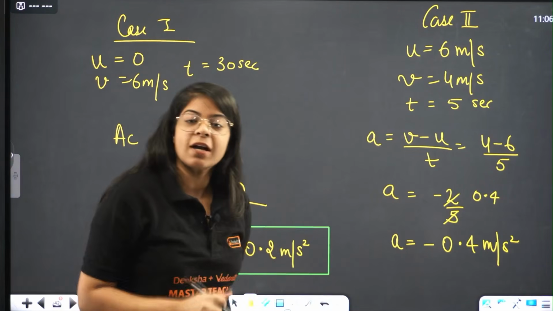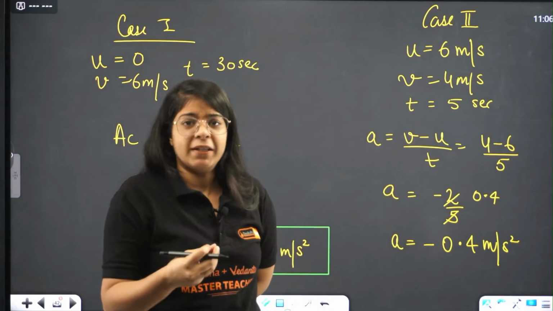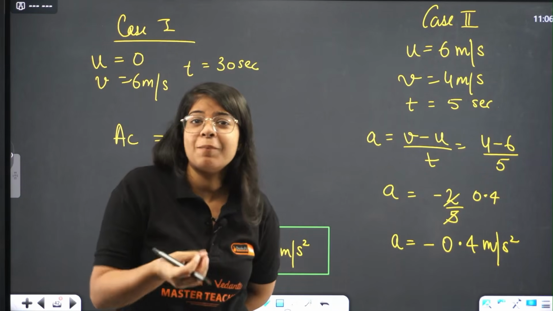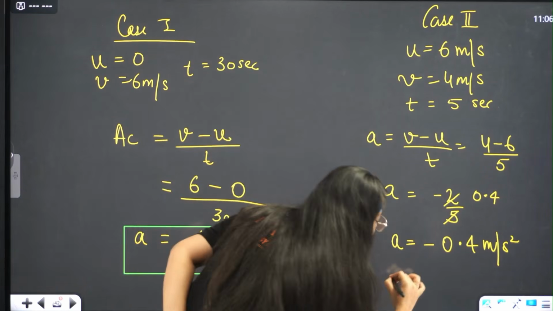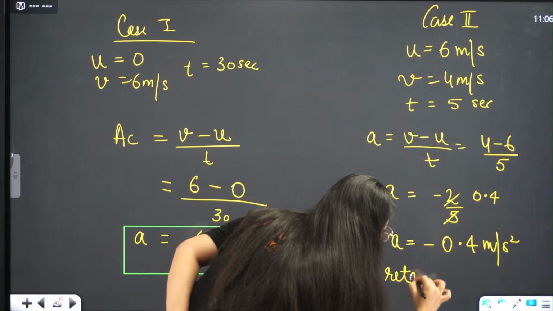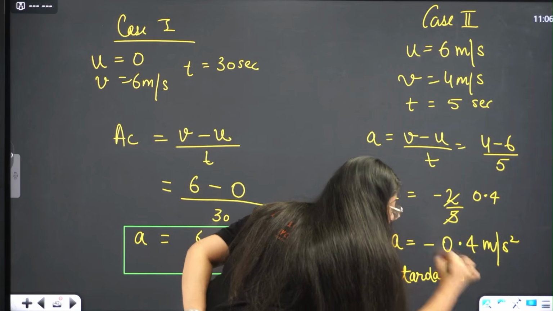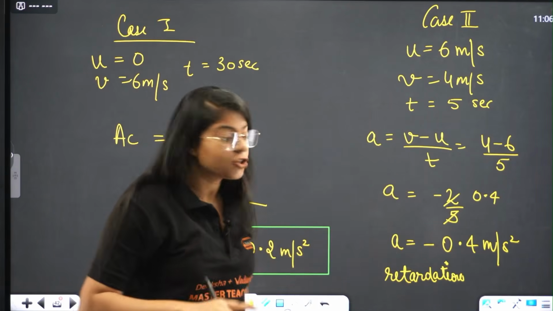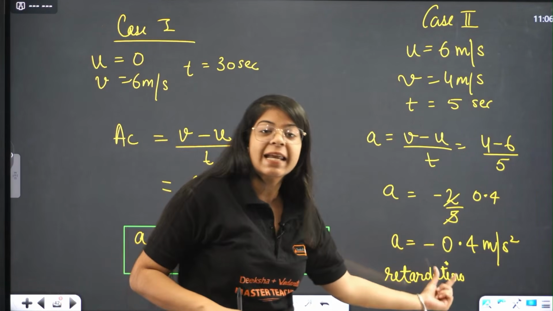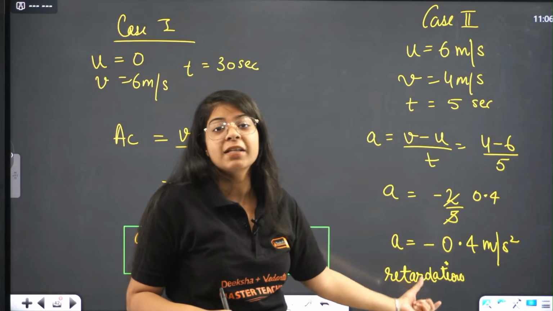This can be your answer, or to be a better student, you can write retardation. We studied retardation, right? And here the bike is stopping. So this is not acceleration, this is retardation. Why is this true? Because there is a negative sign in front of 0.4.